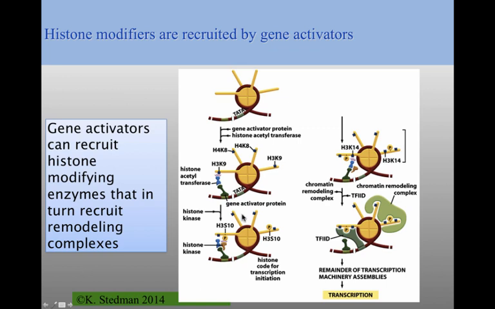If you look at some of these modifications, and I mentioned already histone H3, lysine 9, when this is acetylated, very often that acetylation happens through the activity of an enhancer binding protein. And so here's this gene activator protein right here. That will bind to a histone acetyltransferase, and in many cases these histone acetyltransferases are also known as co-activators.